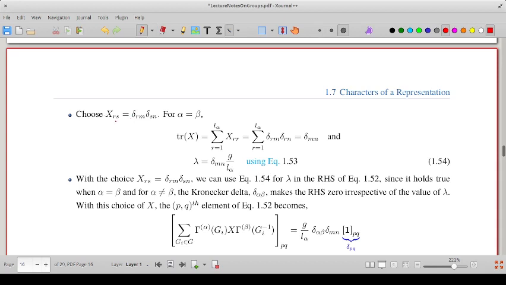But then it can be written as XRS. The RS element of X can now be written as delta Rm delta Sn. So that is, when R is equal to M, this will be 1 and will be 0 when R is not equal to M. Similarly, it will be 0 if S is not equal to N, and will be 1 otherwise. So if I take the choice XRS equal to delta Rm delta Sn, this means X is a matrix whose mnth element is 1 and all other elements are 0.